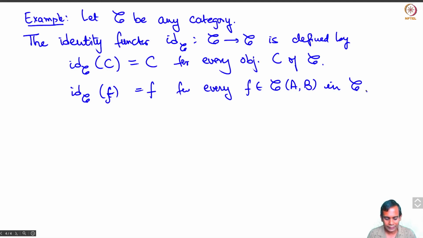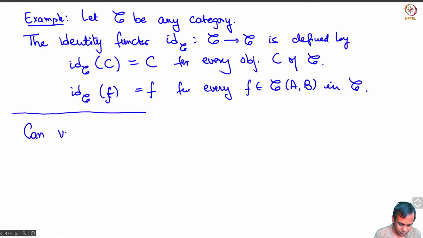This is called the identity functor, and this suggests that we can view categories themselves as forming a category.